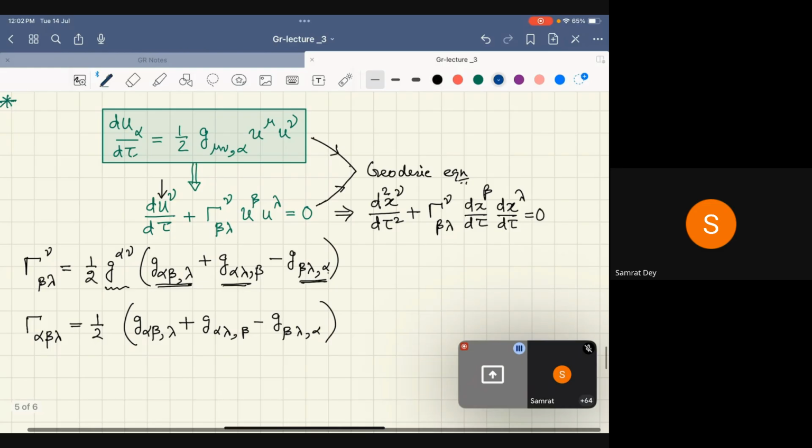Sometimes we also write this as x dot beta, and this as x dot lambda, where a dot represents derivative with respect to the proper time tau.